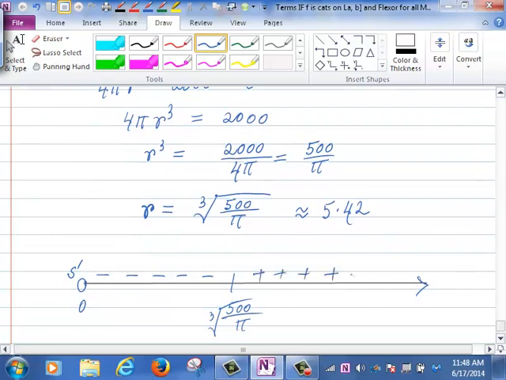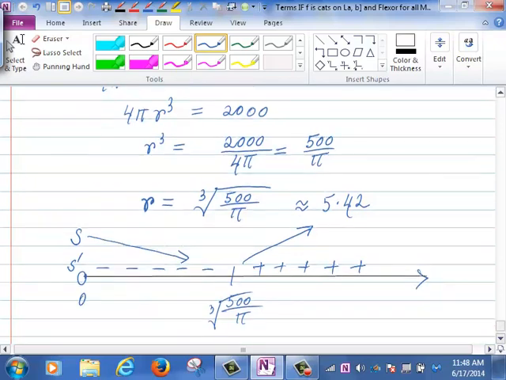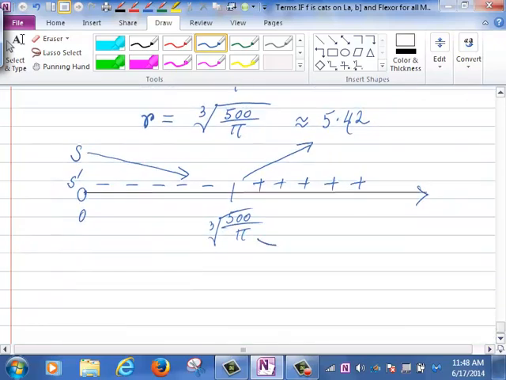What does it tell you? It tells you that the surface area function is decreasing here, increasing here, right? Where is the absolute minimum? At the critical point, right? So the absolute minimum occurs here.